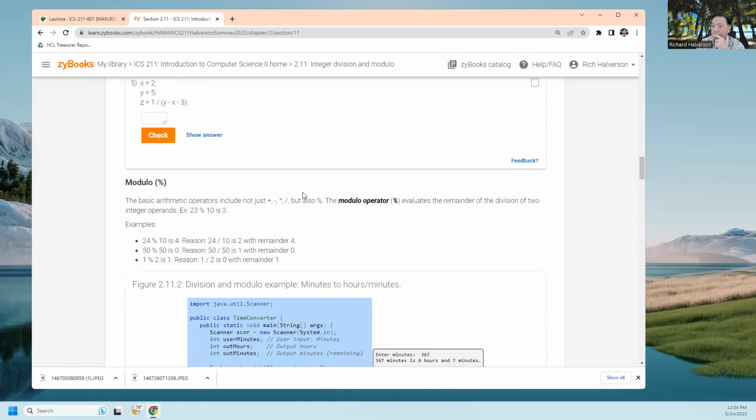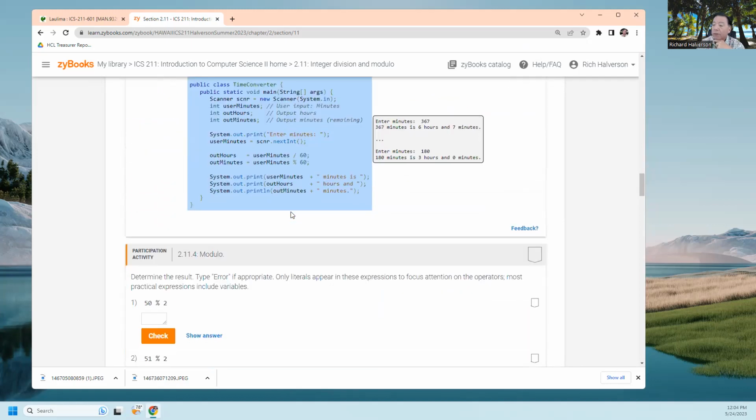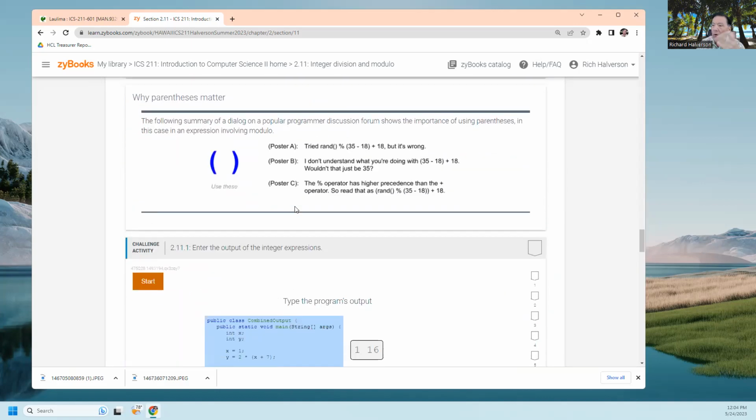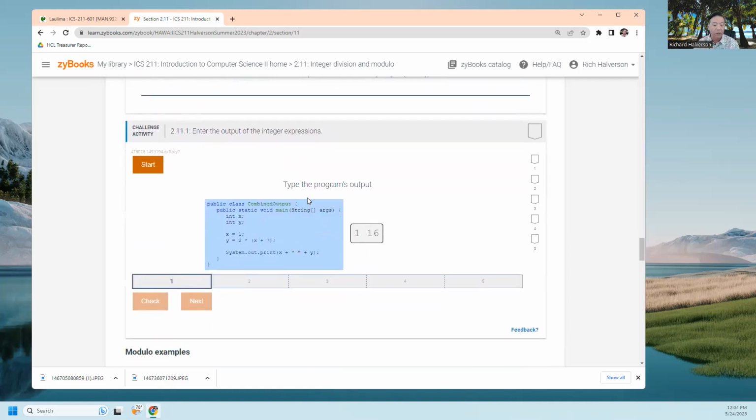All right, modulo, that's just the remainder. You all know about modulos. I'm covering this because the definition of the slash is different in different languages. Enter the output of this one. Okay, so let's get started.